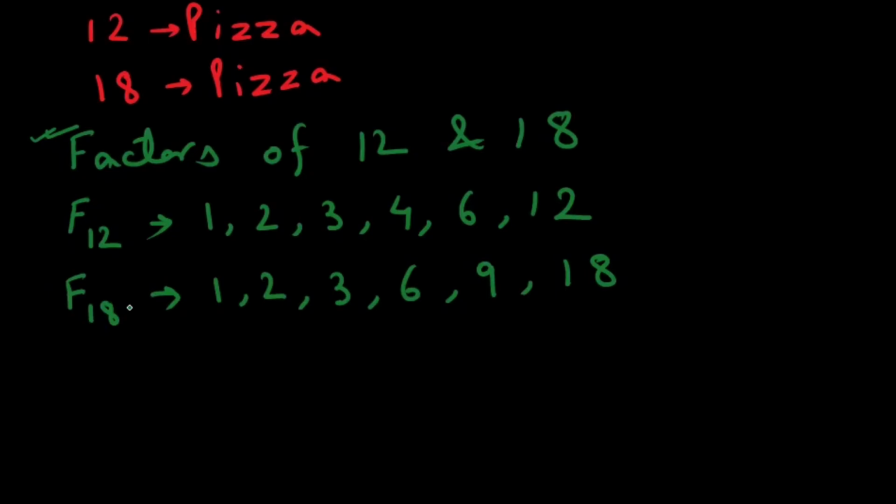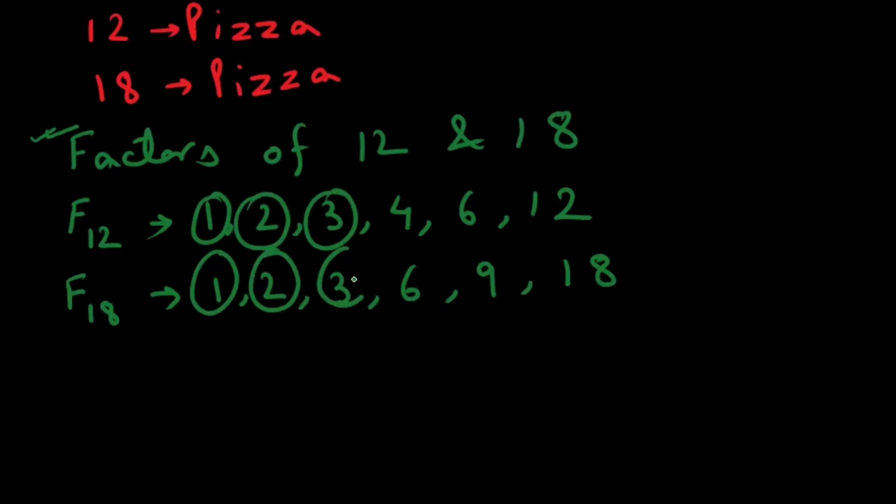Now we have found the factors of 12 and the factors of 18. Which numbers do both lists have? 1 is in both, 2 and 2, 3 and 3, 6 and 6.